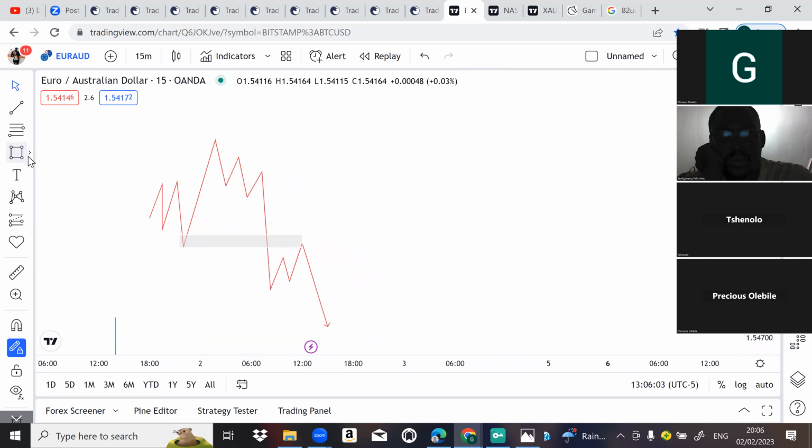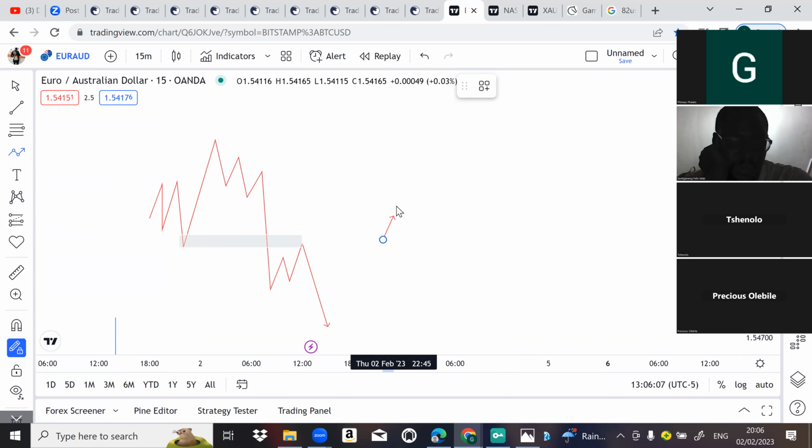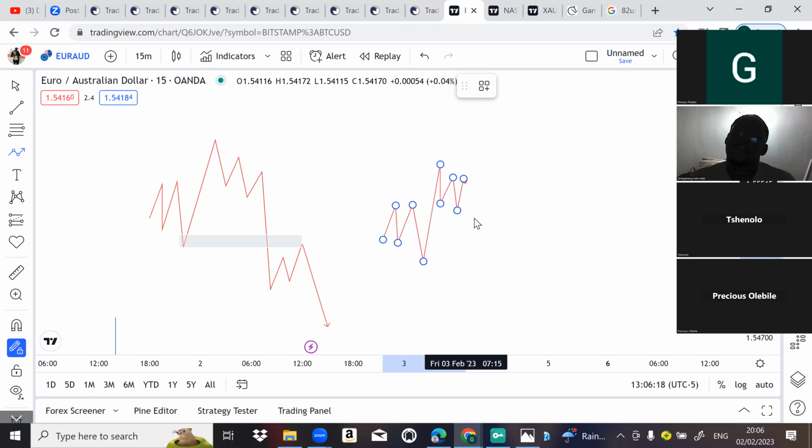And then supply and demand flip is whereby we have 1, 2, 1, 1, 2. So when the price approaches this order block, we're supposed to buy.